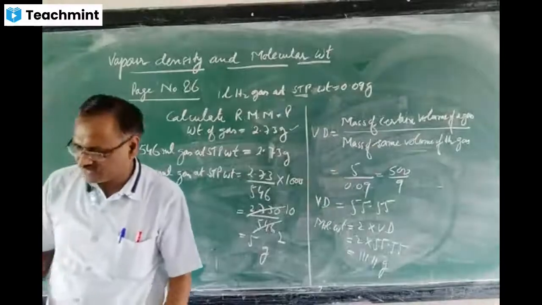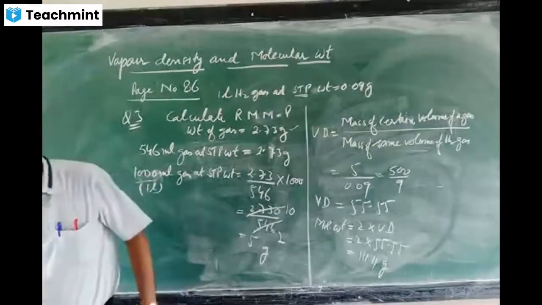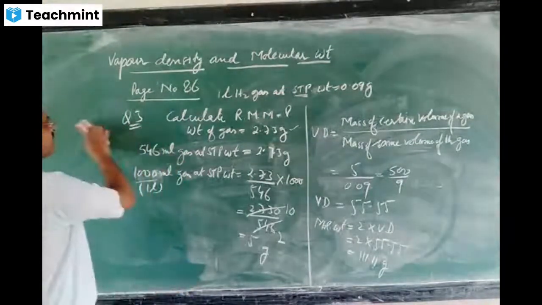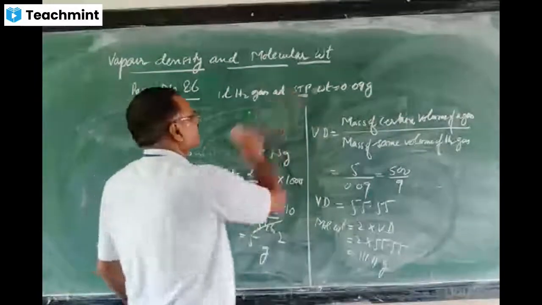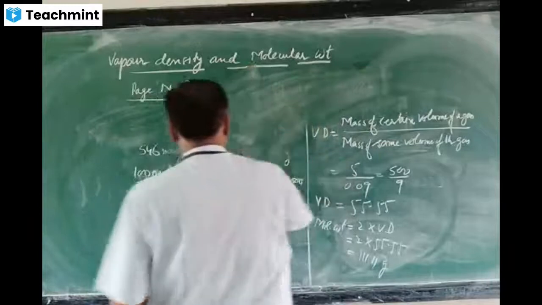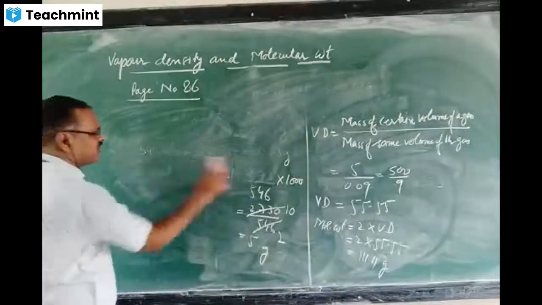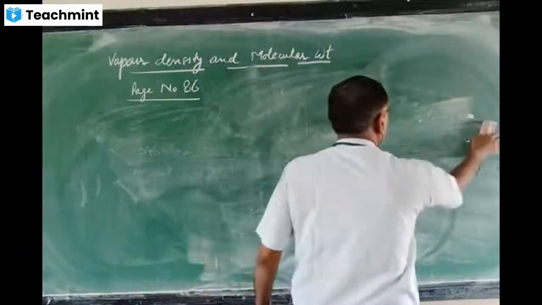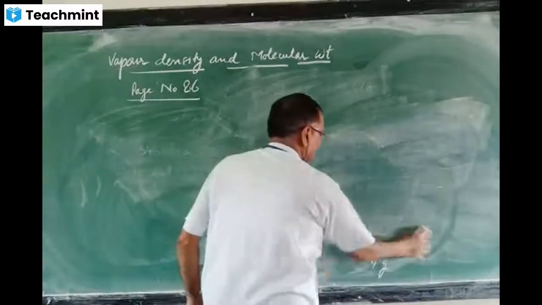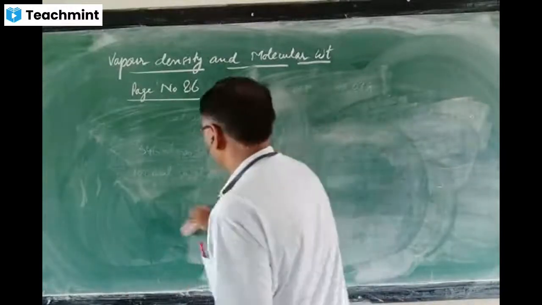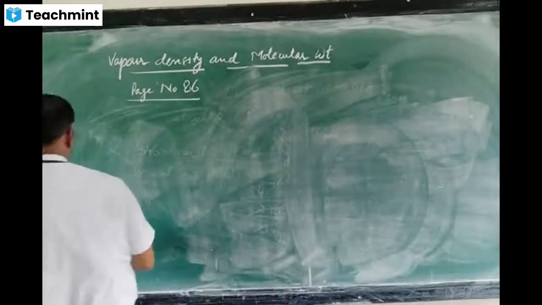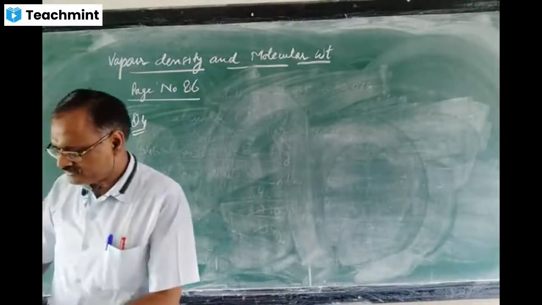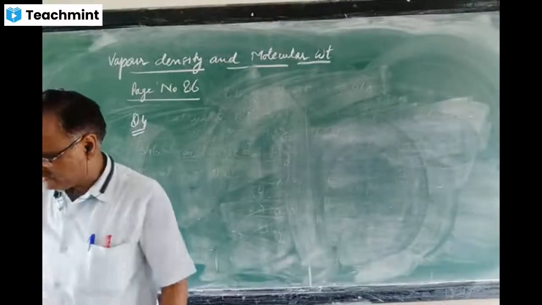Now, next is question number 4. State the volume occupied by 40 gram of hydrocarbon.